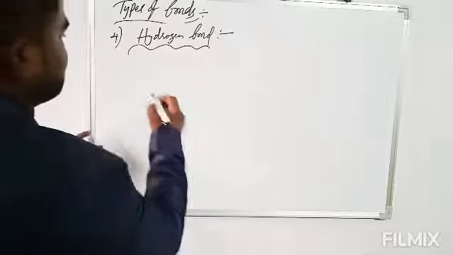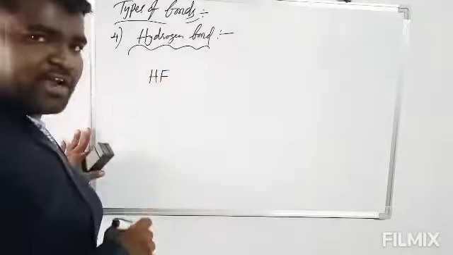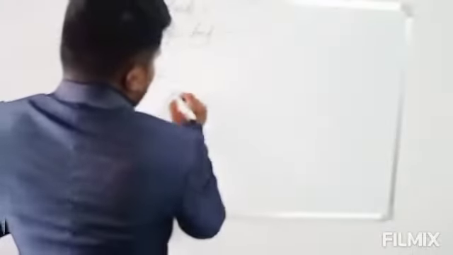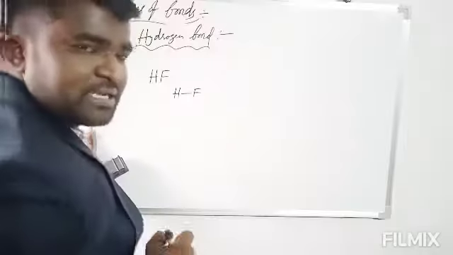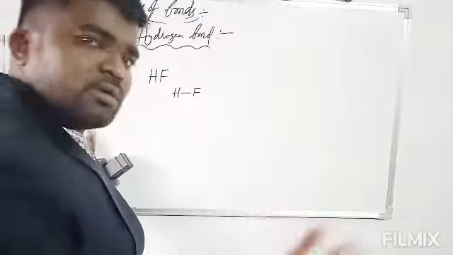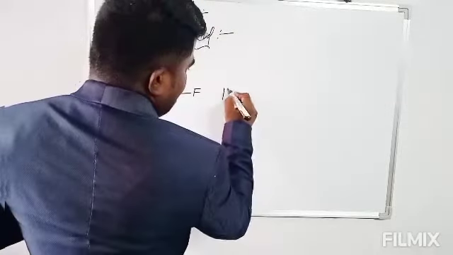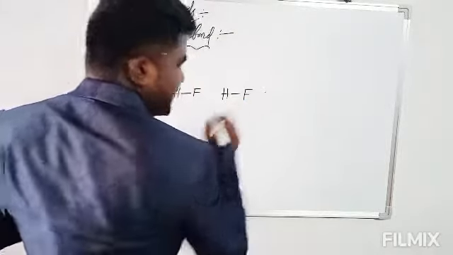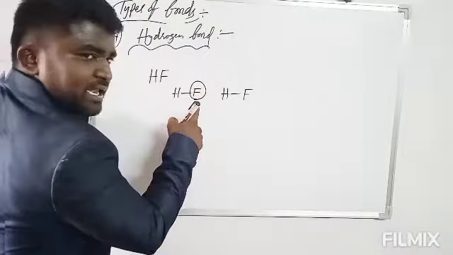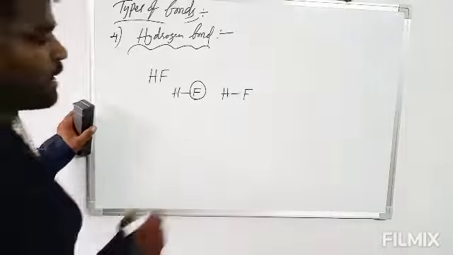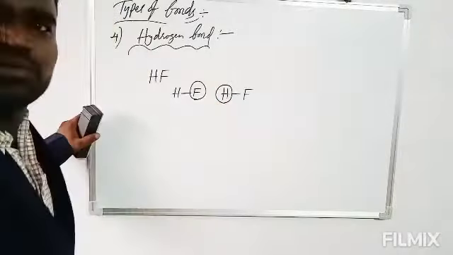For example, if we see hydrogen fluoride, HF, there will be more than one hydrogen fluoride molecule. Here, another hydrogen fluoride molecule is there. Now fluorine is the highly electronegative atom, and hydrogen is the slightly positive atom.